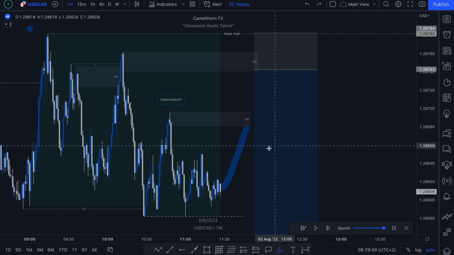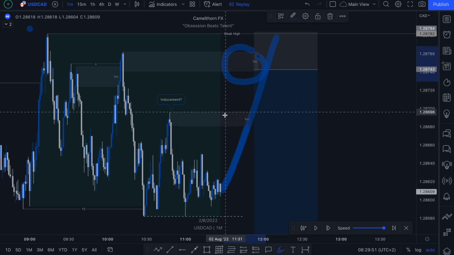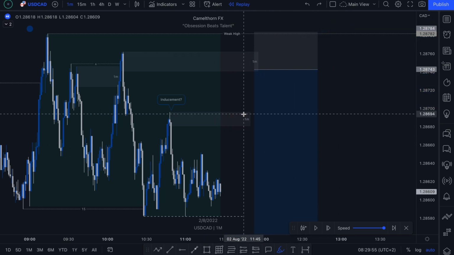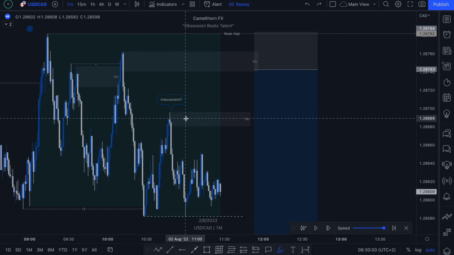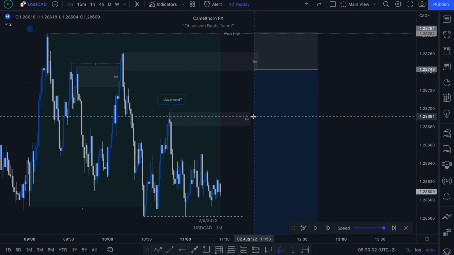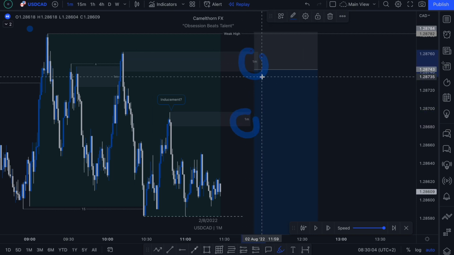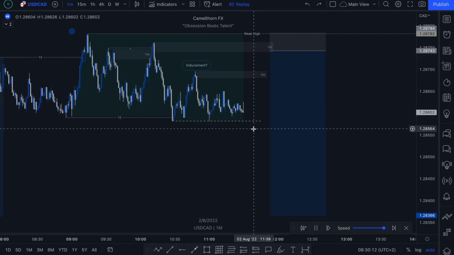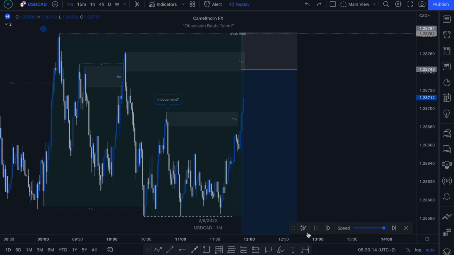Obviously it could also violate both of these and price action continues higher. So whenever you have a scenario like this, and this is where backtesting becomes very valuable, look to see which of these zones price action reacts with more often, and then you can just look to play it.